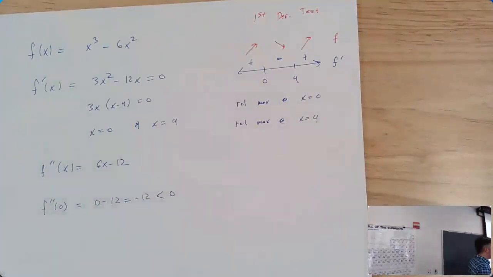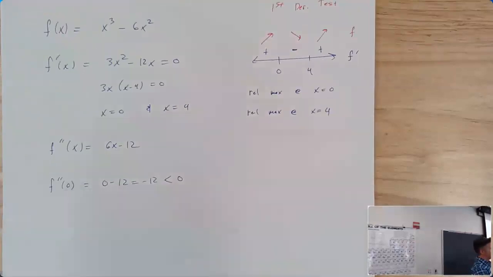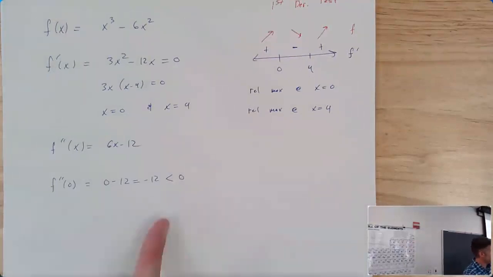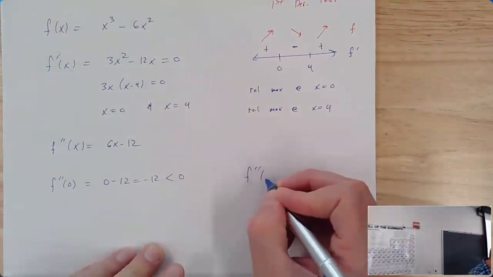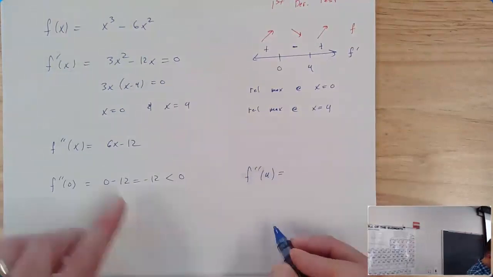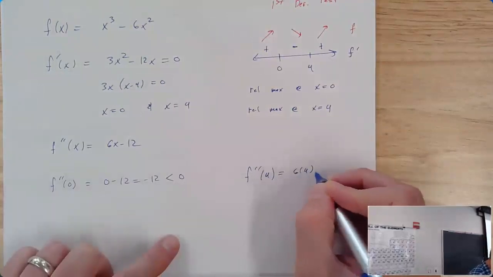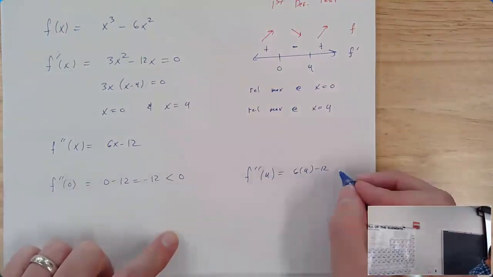So at this critical point, which could be a maximum or a minimum or neither, the second derivative is negative, meaning it's concave down, meaning at this point we have a maximum. In a similar way, at positive 4, we plug that into the second derivative, we get 6 times 4 minus 12, which is 24 minus 12, which is positive.